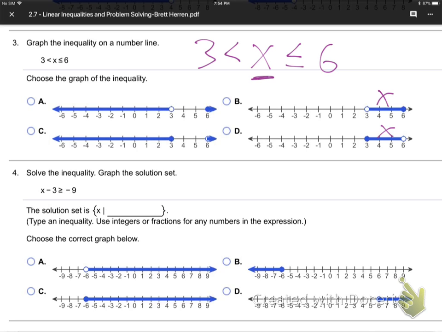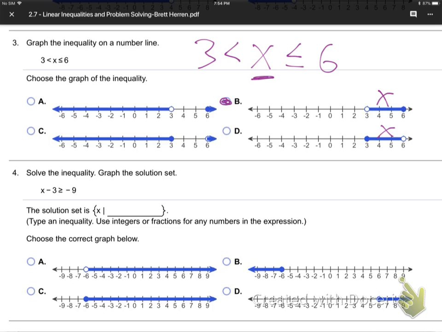The x is saying what's true of the shading. So if the x is between 3 and 6, then we want shading between 3 and 6. So it's one of these two. Now, how do you know which one? Well, the 3 has no solid bar, so no solid dot. The 6 has a solid bar next to it, so solid dot. So it is B on that one.